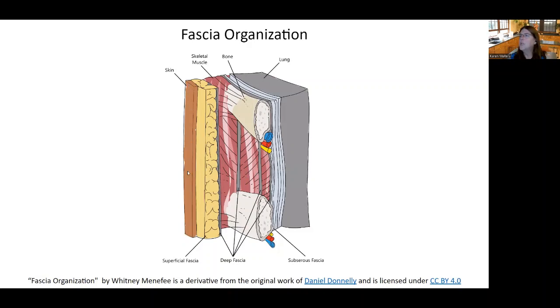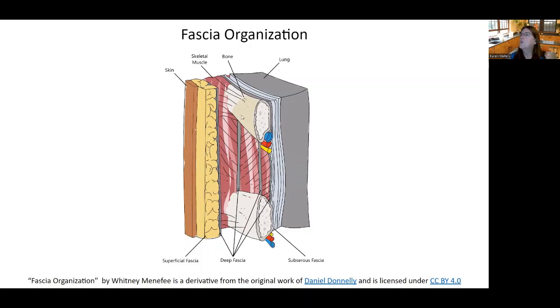The outer portion on the left would be the skin. Directly under the skin would be your superficial fascia. Then we would get to deep fascia, which you see sort of surrounds the muscle layers and within, kind of holding the muscle. This is part of your muscle to skin connection.